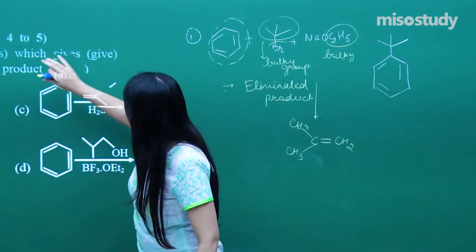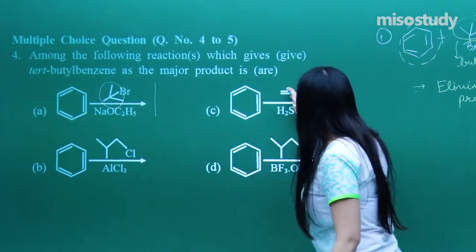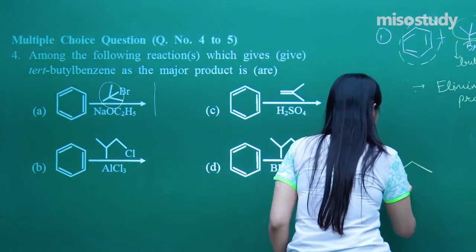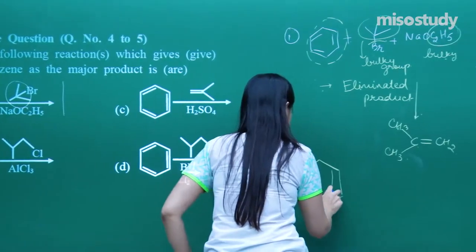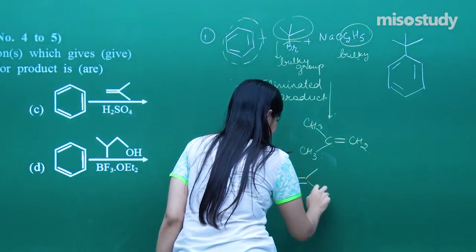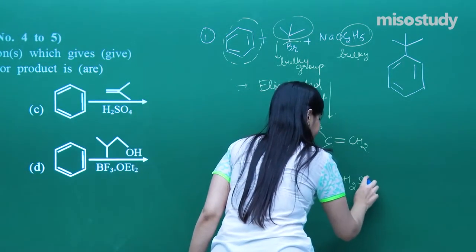Now let's move on to part C. What do we have in part C? So let's just have an idea. I am writing down here, again taking benzene plus this very compound and H2SO4.